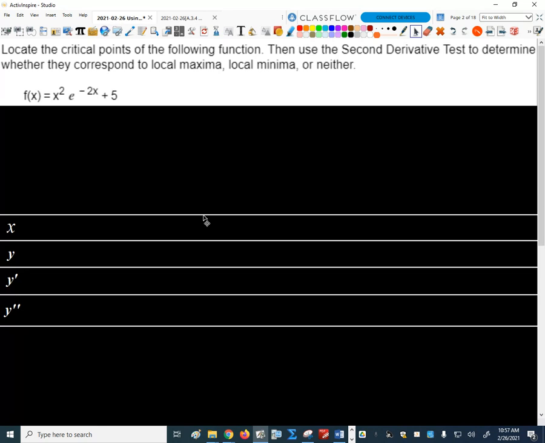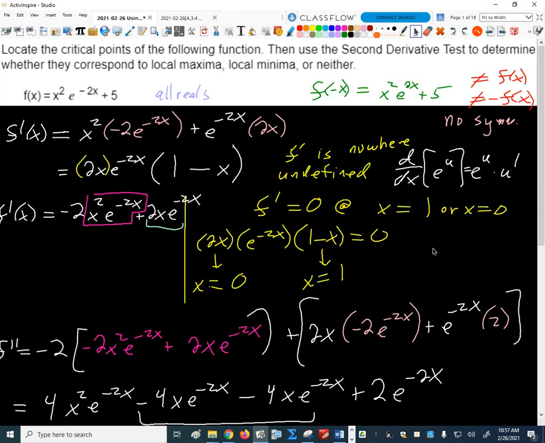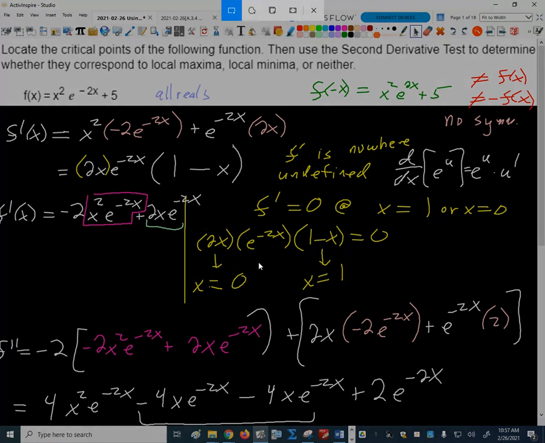And maybe I need to take a quick picture of the first derivative, because we're going to need that.